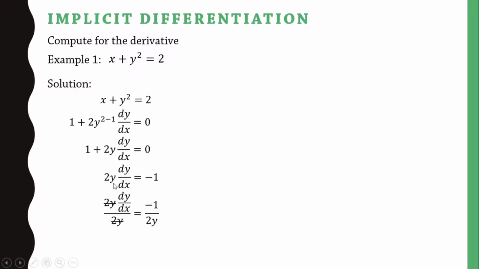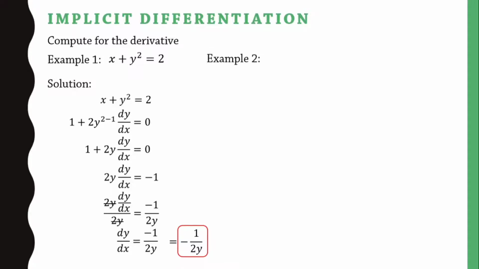So to eliminate 2y, we divide both sides of our equation by 2y. So what will be left is dy over dx equals negative 1 over 2y. So dy over dx, or the derivative of the given equation, is negative 1 over 2y.